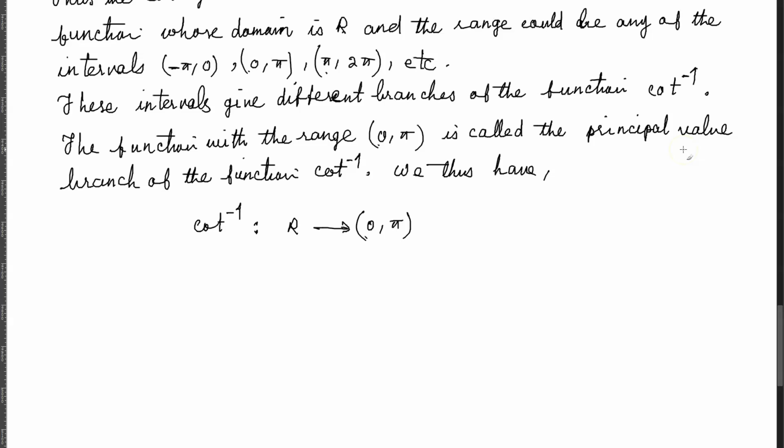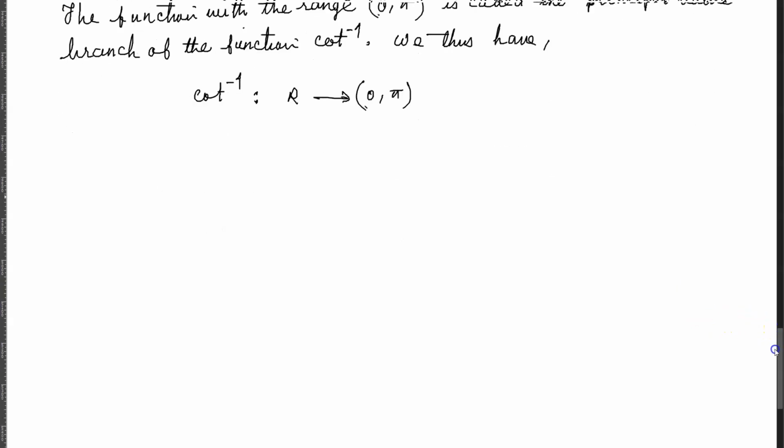Now, in order to create a summary of everything that we did so far, let's create a table and put in all of the information that we have had so far.